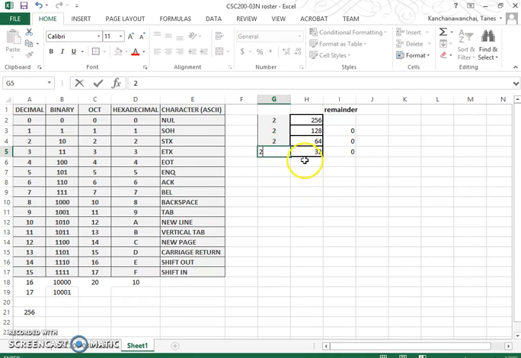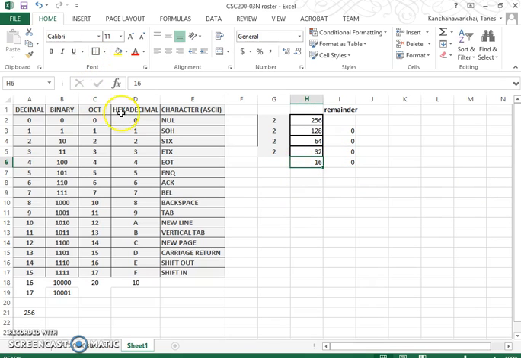And 32 divided by 2, 16, and remainder is 0. Now 16 divided by 2 is 8, remainder is 0, right? And 8 divided by 2 is 4, and 0 again.